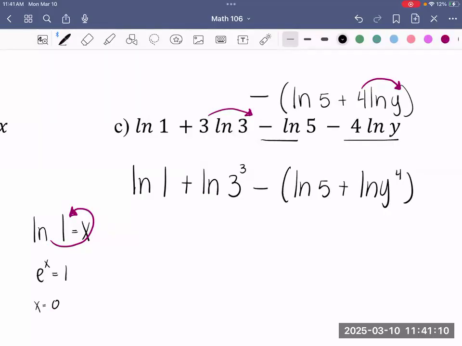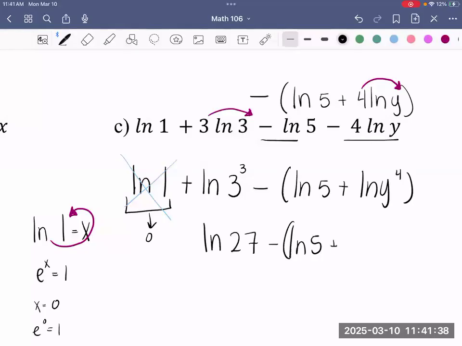Anything to the 0 power is equal to 1. So if you see ln of 1 or a log of 1, that is actually equal to 0. So this is just a non-existent term, and we don't have to write this term any longer. So it's just ln of 3 cubed, which is ln of 27, minus ln of 5 plus ln of y over 4.